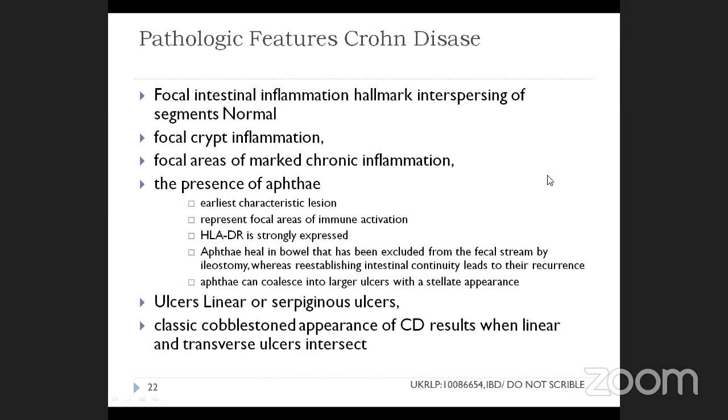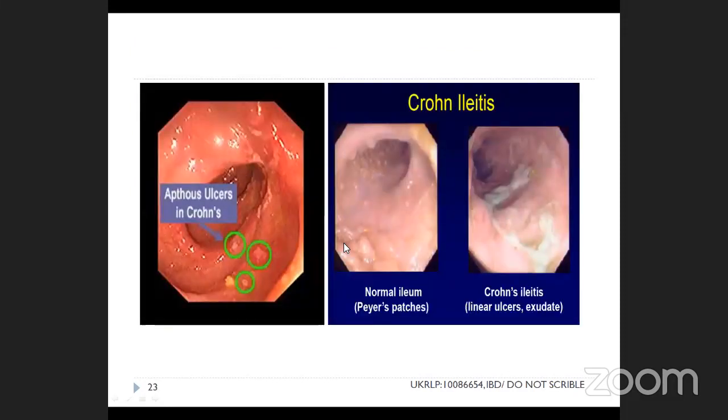So this is the endoscopic feature which shows an aphthous ulcer, shown in the green circles, which can be seen endoscopically, and there are normal patches in the ileum with an ulcer or chronic ileitis, which causes a linear ulcer with an exudate covering the linear ulcer.